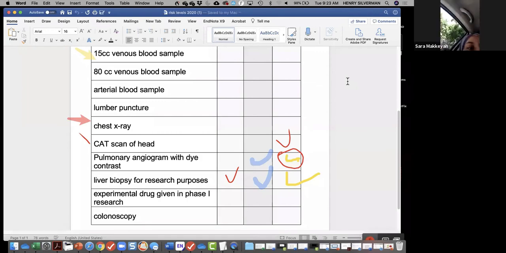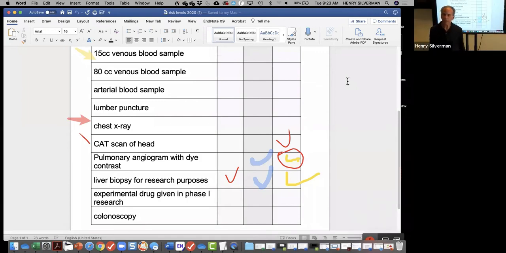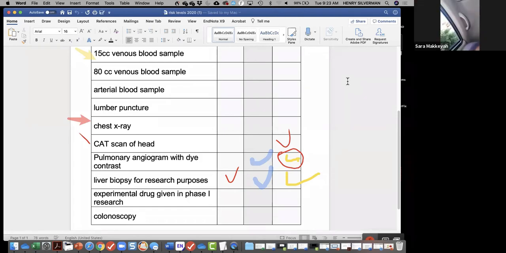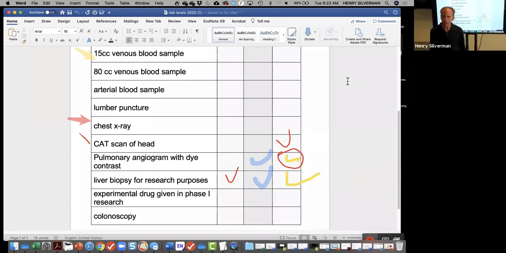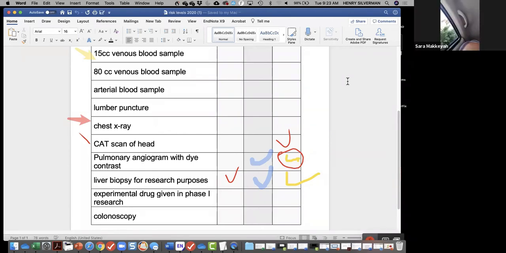You go in for a routine checkup including investigations, like blood samples.